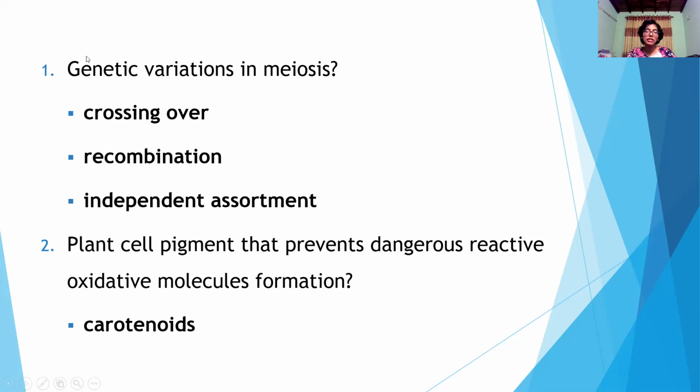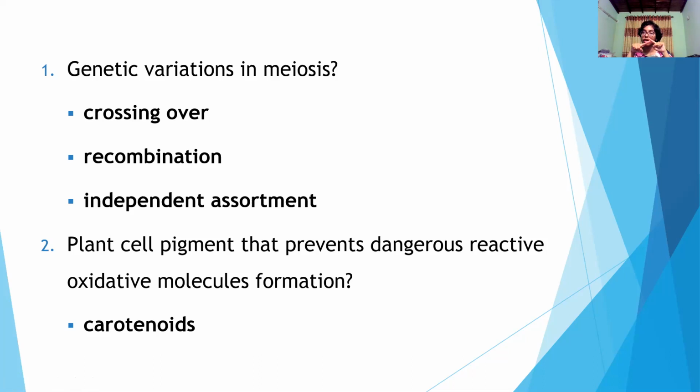The first question is genetic variations in meiosis. Where can we find genetic variations? Three examples: crossing over, recombination, and independent assortment. Crossing over leads to genetic variation because chromosomes cross over, so that one part of a chromosome might get transferred to the other chromosome.